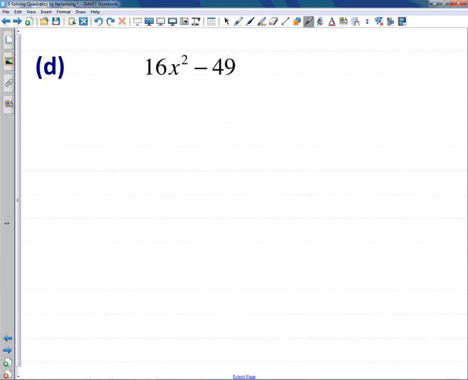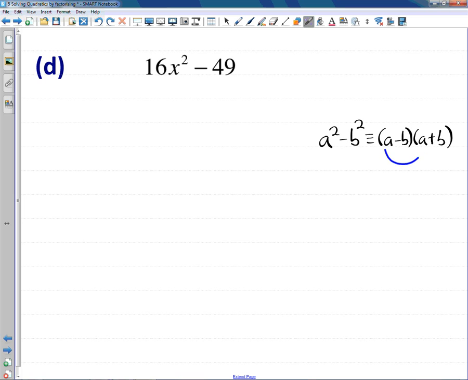Moving on to here, now with these types of ones, what I expect you to be able to do is recognise when you've got a number squared minus another number squared, because these always factorise as a minus b, a plus b. We call this the difference of two squares.